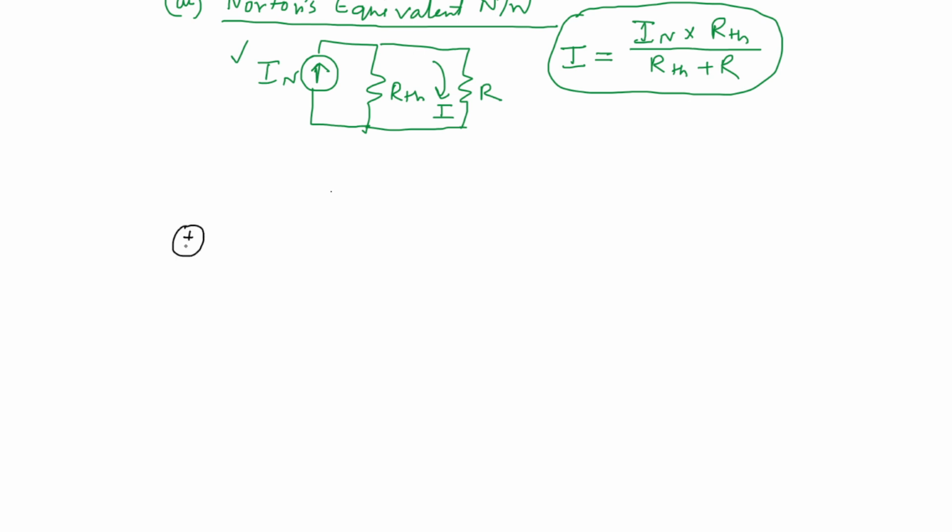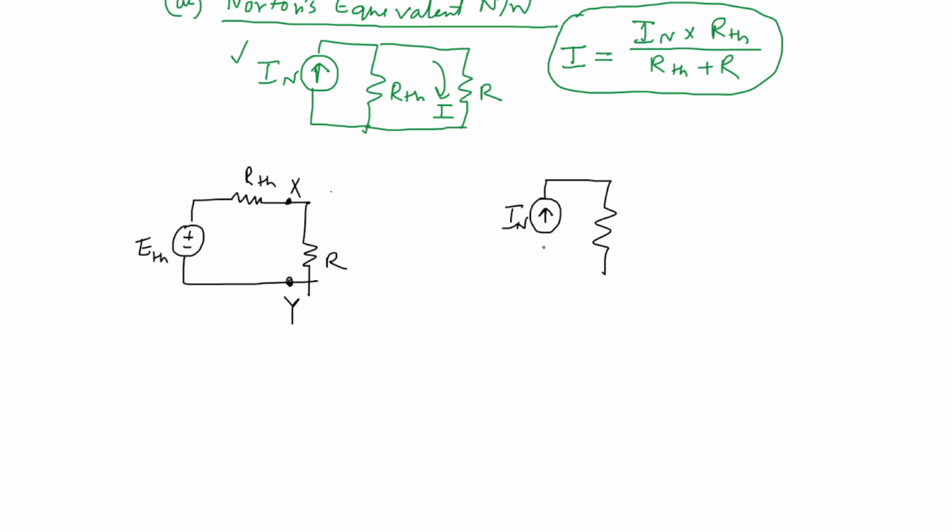So this is your Thevenin equivalent network: ETH, RTH and R. Let us mark these two extra nodes X and Y. And IN in parallel with RTH.